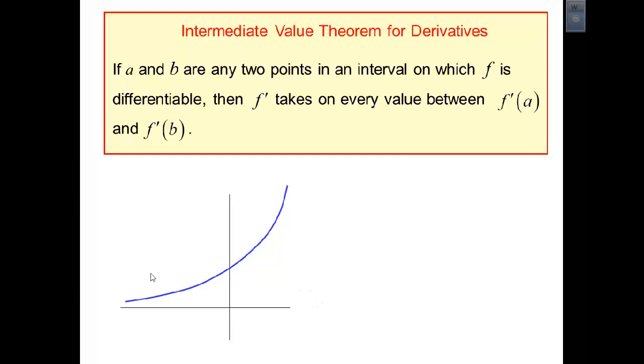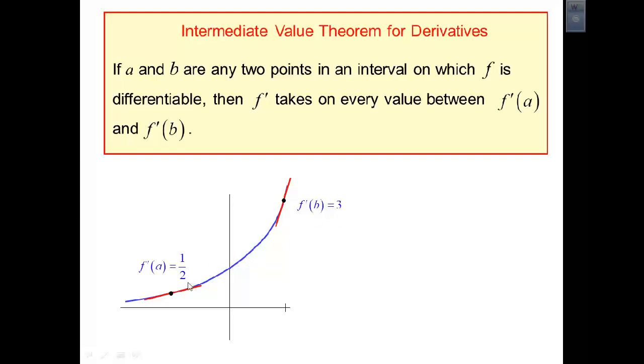What that means is this. If I've got this graph right here, this little function, and I find over here at A, my slope is 1/2, and I find over here at B, my slope is 3, from A to B, I'm going to take on every value between f prime of A and f prime of B. Now, it doesn't mean that I don't take on values outside of that, just like the intermediate value theorem before, but I'm guaranteed that I have a point somewhere in this interval that has every value that's greater than 1/2 and less than 3.